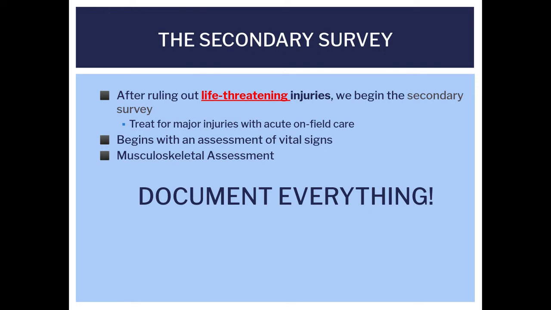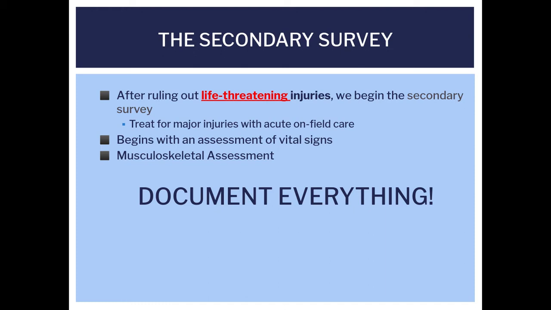All right, so the very first thing as an athletic trainer is you're definitely wanting to first make sure that there are no life-threatening injuries. Once you're able to figure out that there are none, so that's things like diabetic coma, cardiac arrest, any type of severe bleeding, then you're going to focus on the secondary survey, which is where you're treating the more minor injuries.